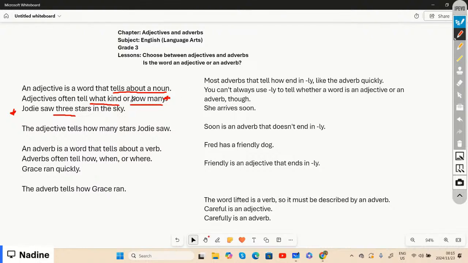And another example is, even if we were to ask what kind, then we can say, I'll put it here, Jody wears a red dress.